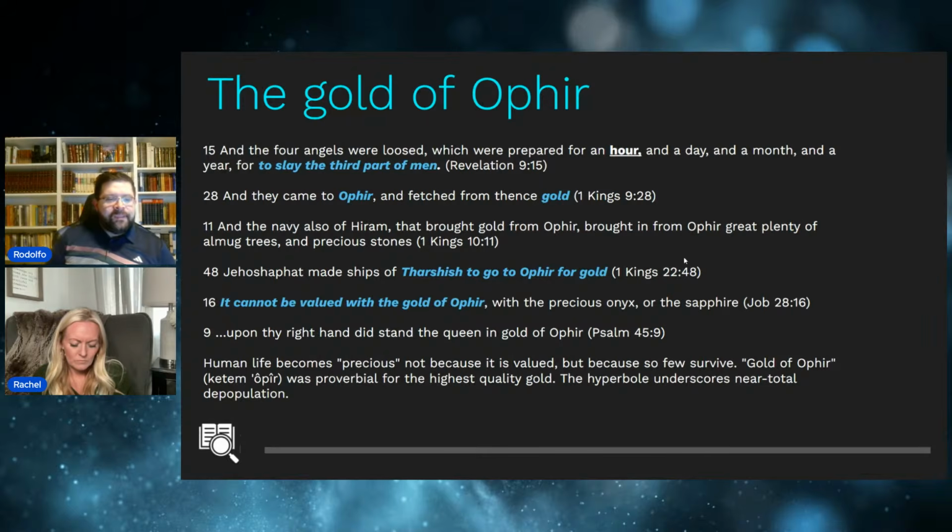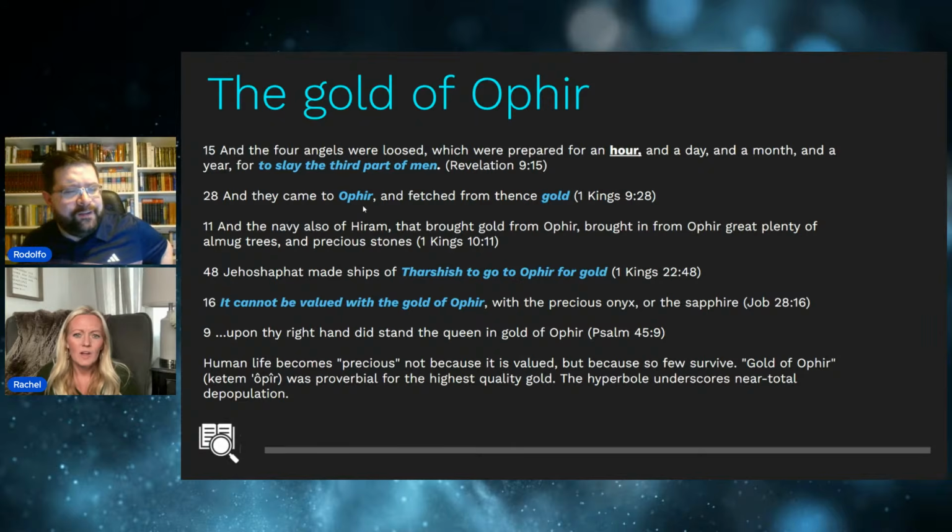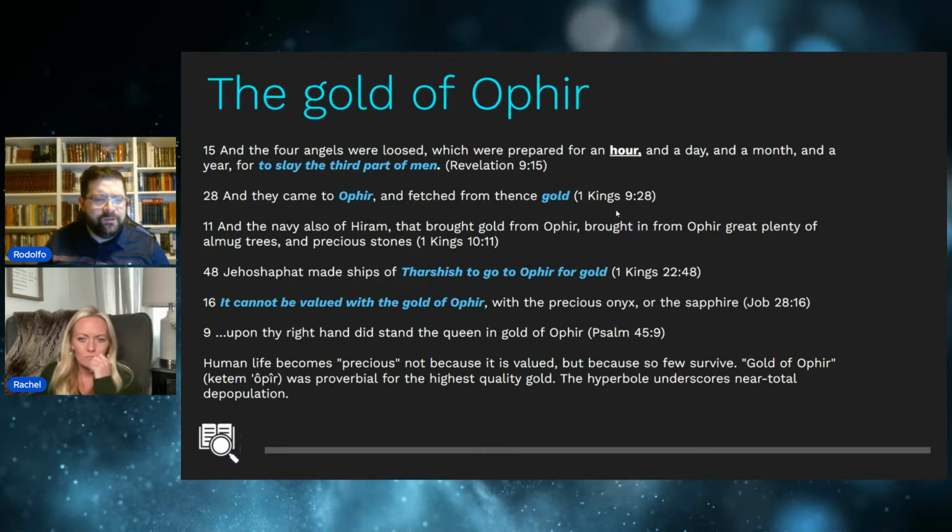conditions. And then you have a couple of Old Testament references to, am I pronouncing this correctly, Ophir? I think so, Ophir. Yeah, that's how I would say it. The gold of Ophir was a very special gold, like King Solomon asked for it. They brought it, for example, for the construction of the temple, and it was precious. The books of Kings and Chronicles mention, for example, the ships of Tarshish, which is a type of this in Isaiah, they bring forth this type of gold.